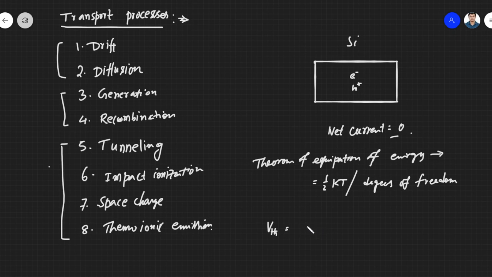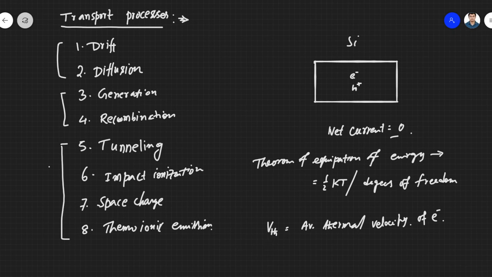Vth is the average thermal velocity of an electron.